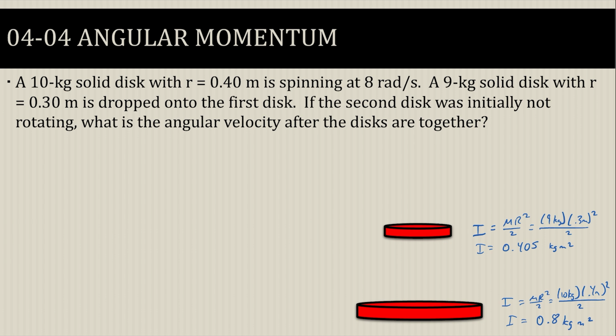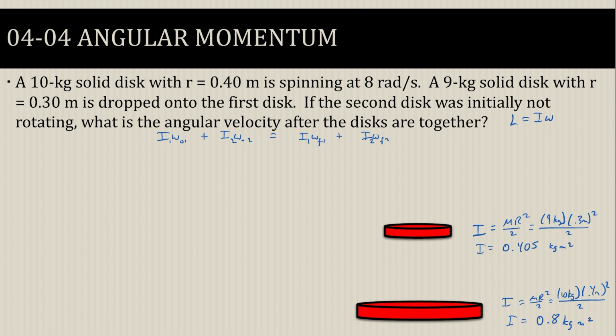Okay, so now that we have our moments of inertia, we can say that our angular momentum is constant. Remember, angular momentum is the moment of inertia times the angular velocity. So I could say our first disk plus our second disk before equals the first disk plus the second disk after, just like we do with linear momentum.